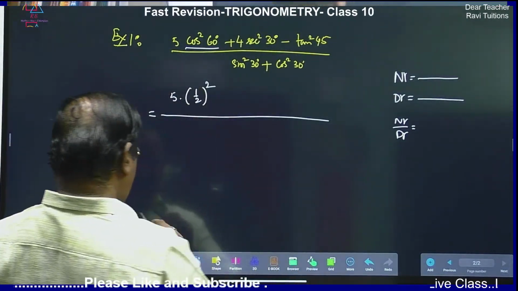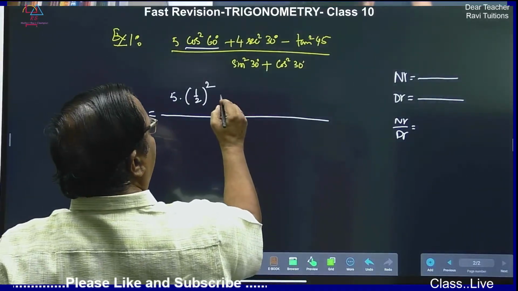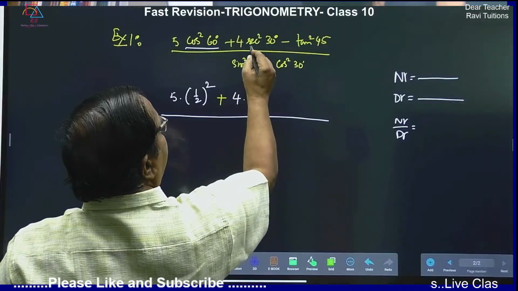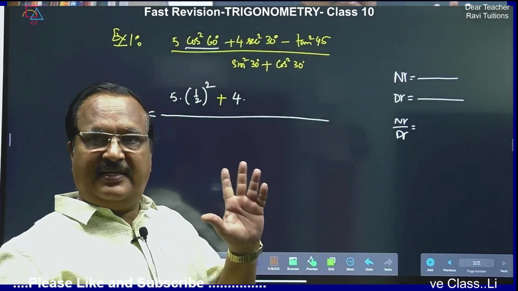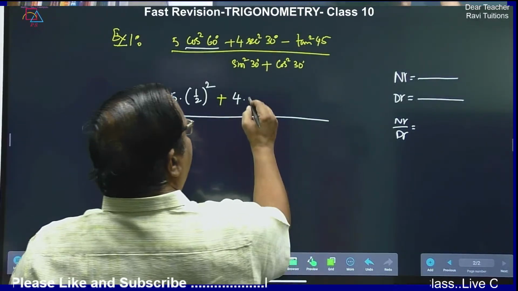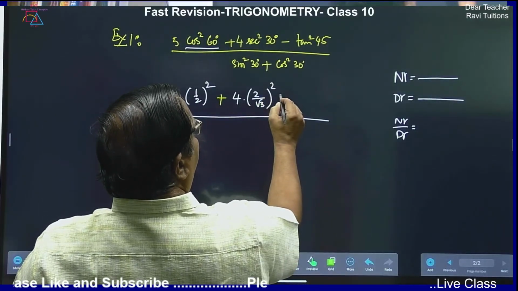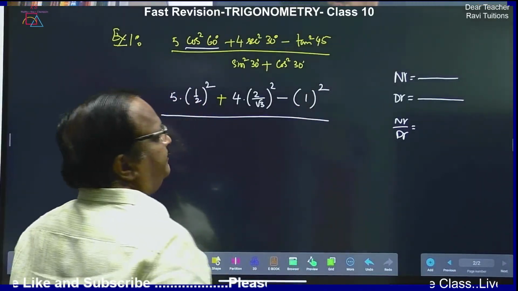I have finished cos. Now, 4 there is no change. This is plus, second term 4, same, secant 30. Secant 30 means 1 by cos 30. Cos 30 is root 3 by 2, so it is 2 upon root 3 whole square, minus tan square 45, 1 whole square.